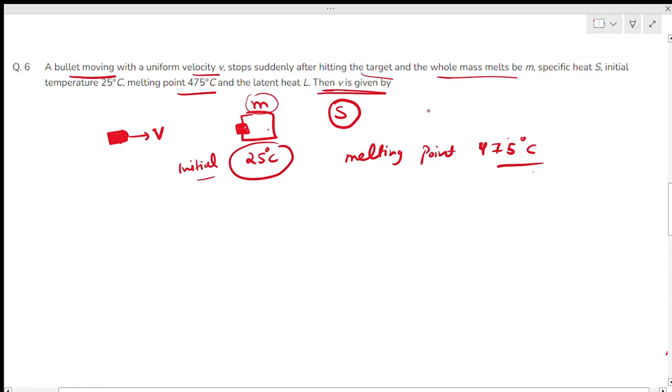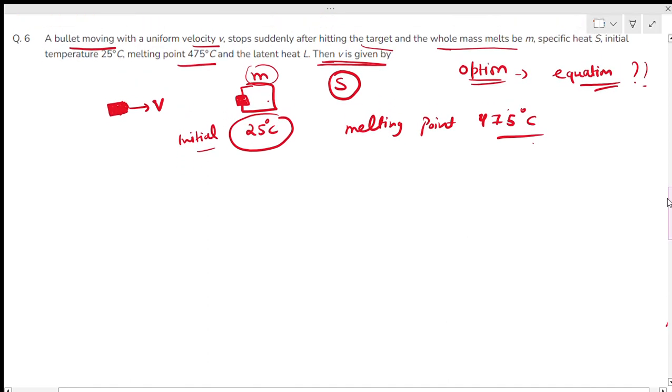In the options, four equations are given. You don't have to find the exact value of V, you just have to choose the correct equation. I will write the correct equation and give its solution.